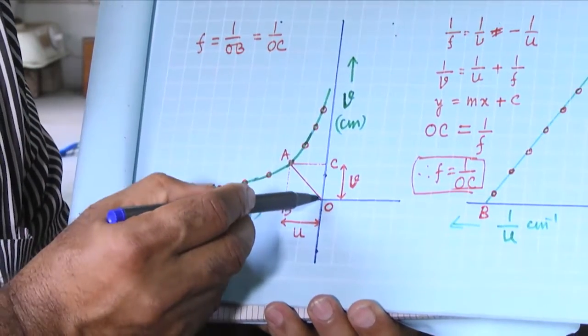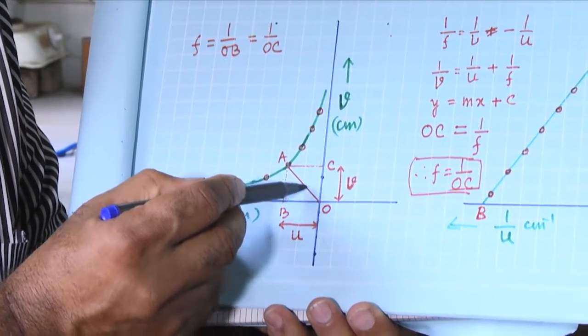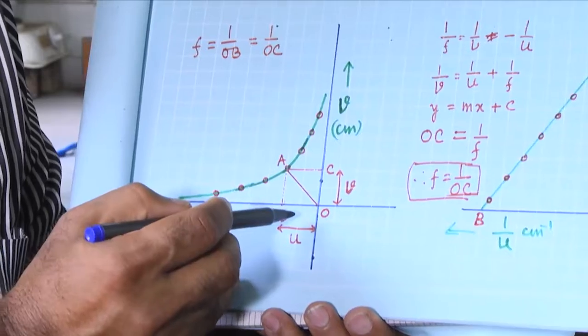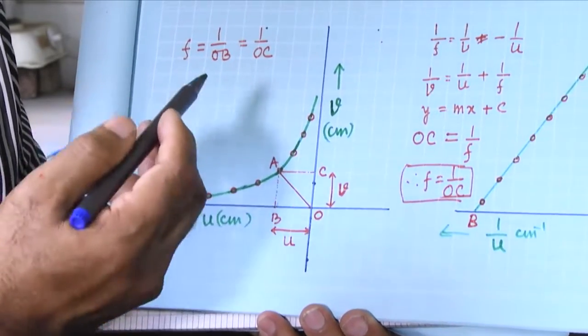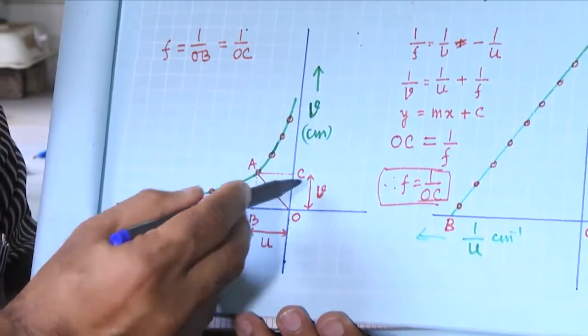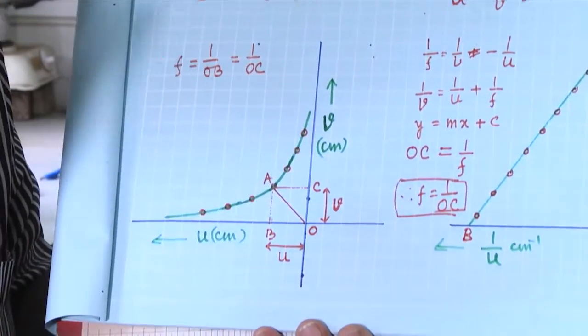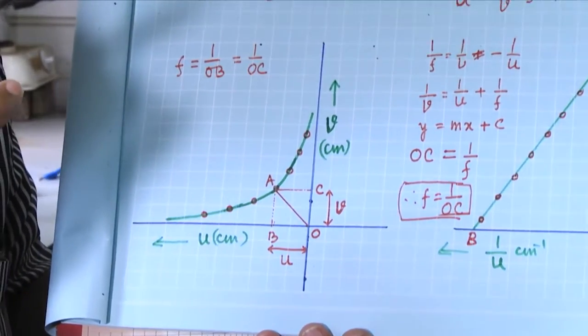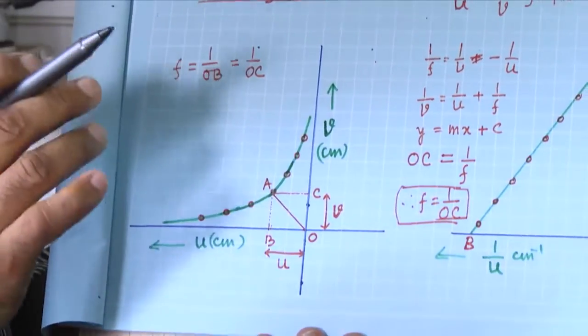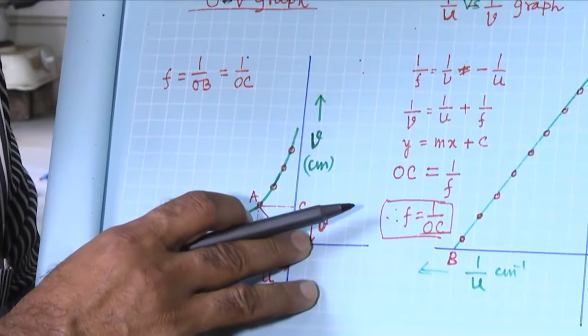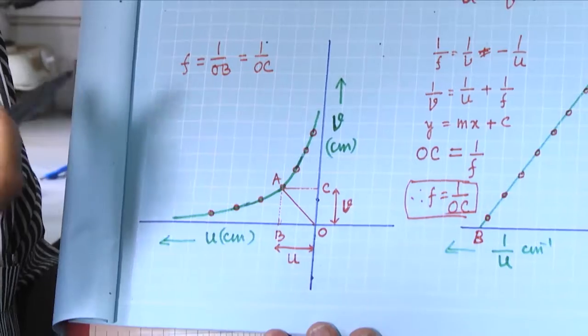Now, from this curve itself, you know where v will be equal to u, where the object is at 2f and the image you also get at 2f.